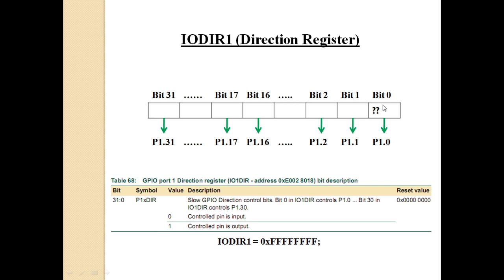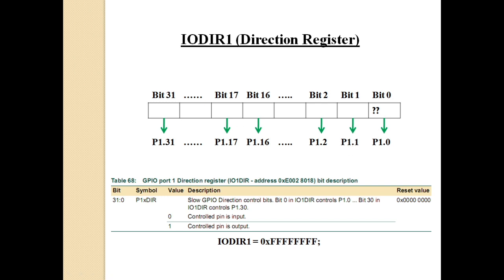Similarly, if you write 1 in a particular bit, the corresponding pin will be configured as output. So if you write 1 in bit 0, what does it mean? P1.0 will be configured as output. If you write 0 in bit 1, what does it mean? You are configuring P1.1 as input.